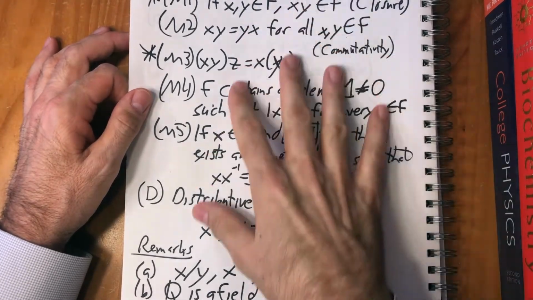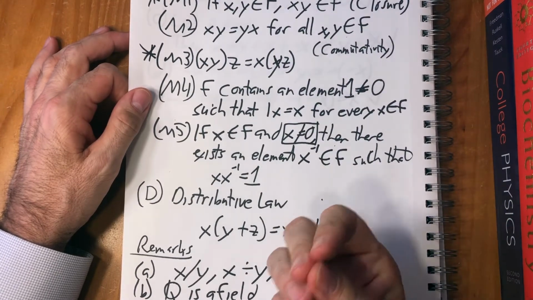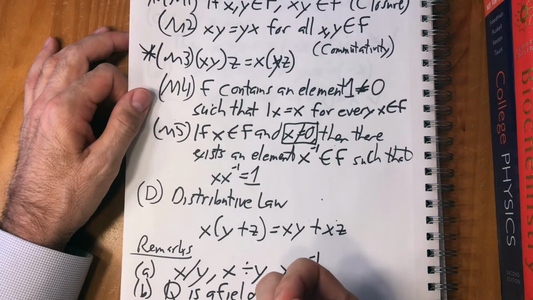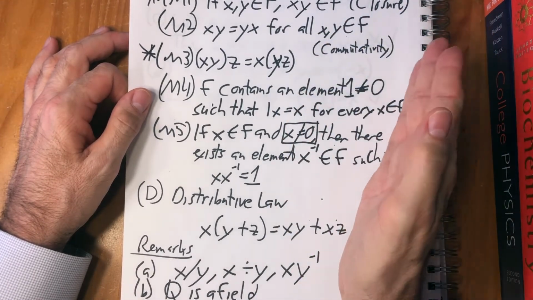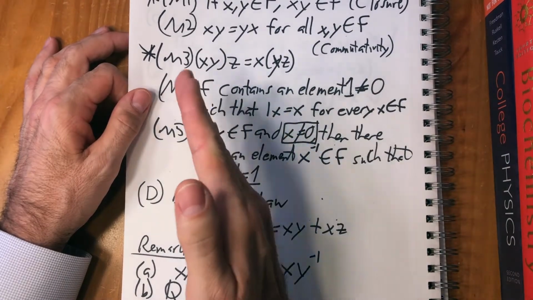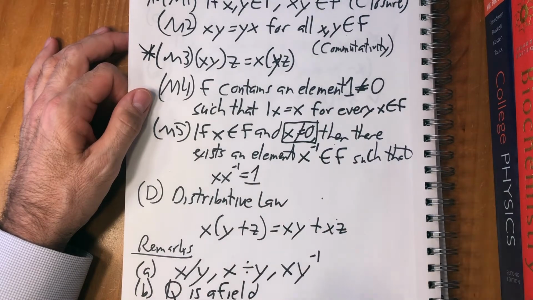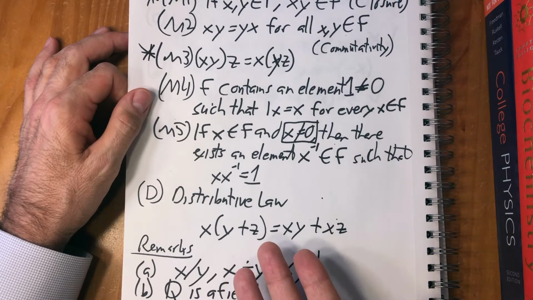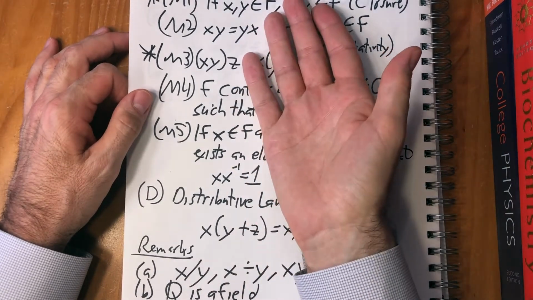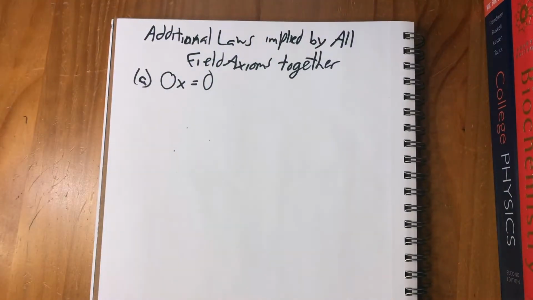But it turns out something about these 5 axioms and the addition axioms together tells you that the additive identity times any number has to be the additive identity. Such an interesting thing because it's something that we all know, 0 times x equals 0, but it's not something that you can deduce obviously. It does not jump out at you from these axioms, but we can show it pretty readily nonetheless.